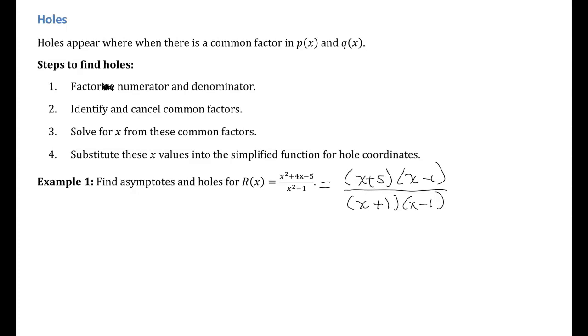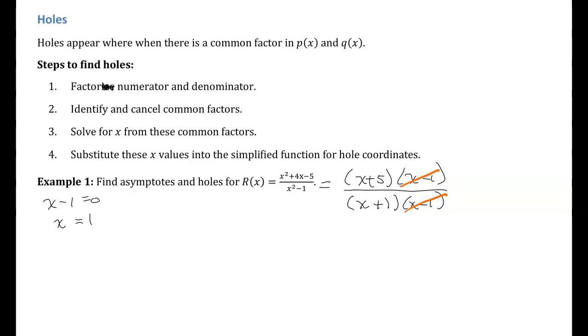Right, and we can see that I have a common factor, which I am going to cancel out. So if I solve this common factor by setting it equal to 0, so x minus 1 is equal to 0, so x is equal to 1, that means that the x coordinate of this hole is going to be at 1.